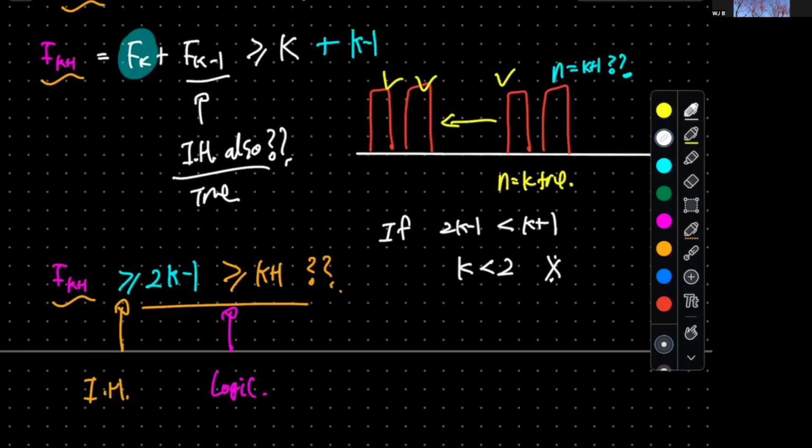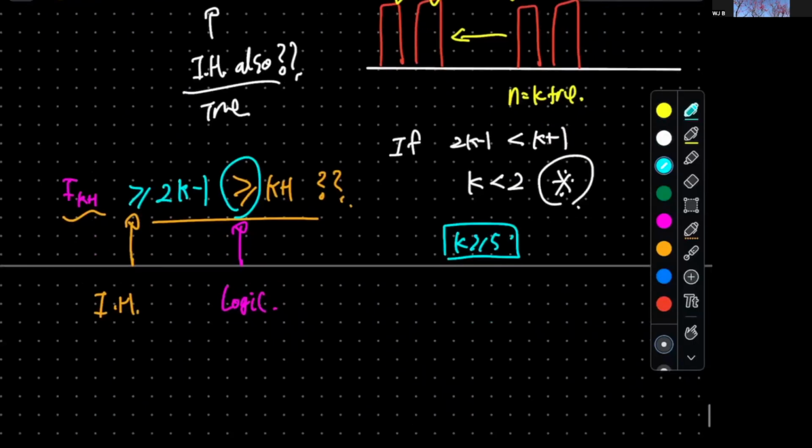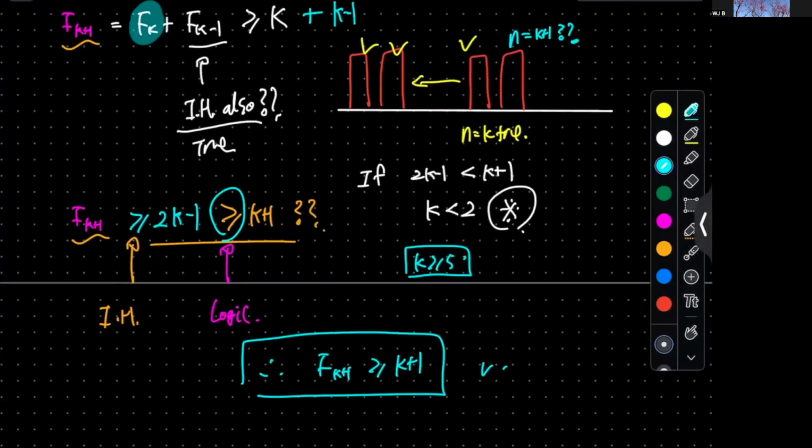But that is a contradiction because our statement was only true for k bigger than or equal to 5. So this inequality is true by the logic. Therefore, we can prove fk plus 1 is bigger than or equal to k plus 1, okay? So we show the induction hypothesis implies the result to prove.